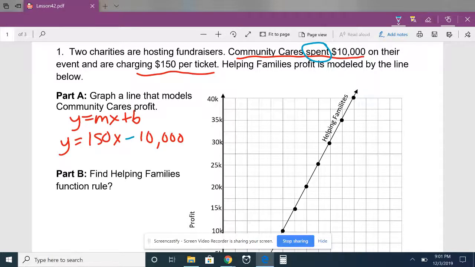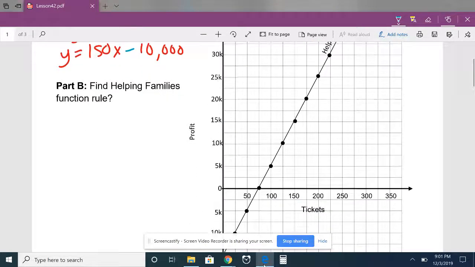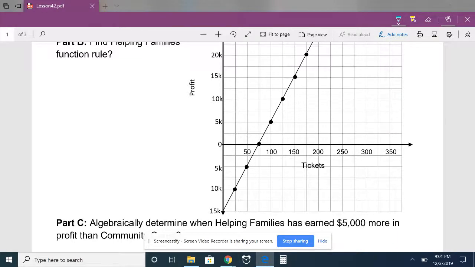We know where we start, right? Negative 10,000. So negative 10,000 starts right here, where these are negatives. Now, it's tough graphing on this because up one box doesn't mean you're going up one.